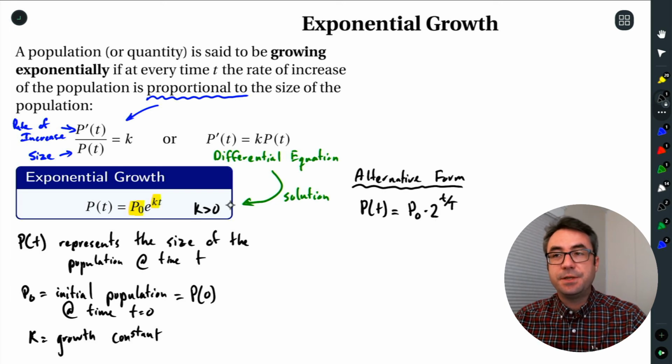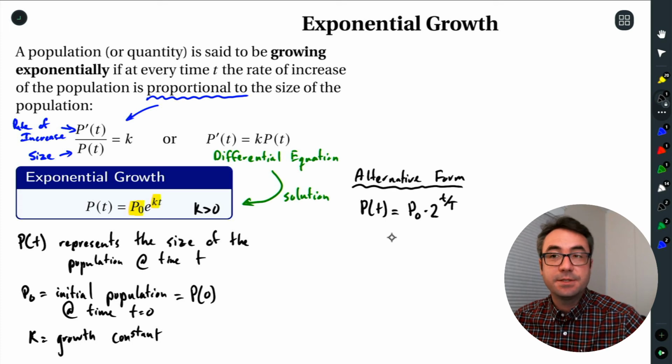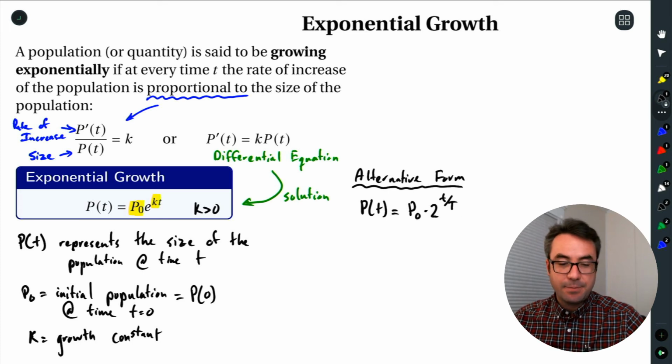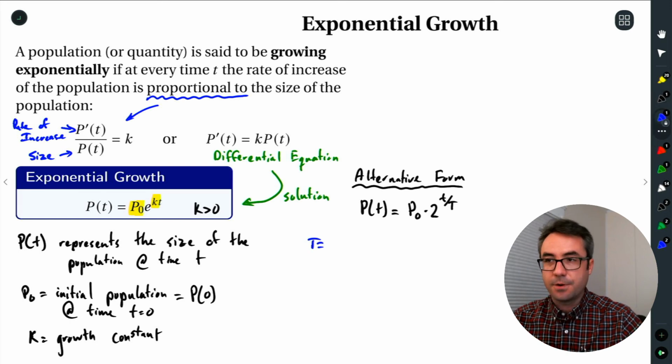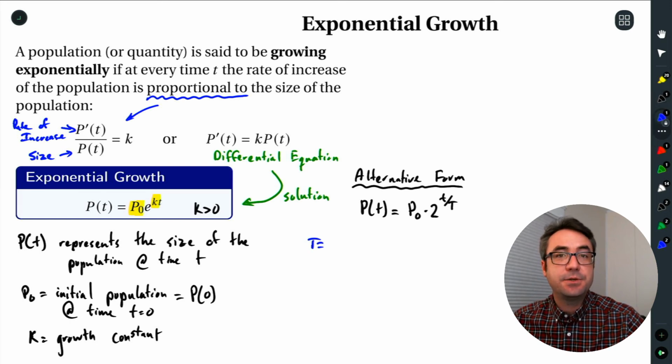So you can show that these two are actually equivalent. But what is this capital T? Capital T here in this alternative form is the time it takes to double.